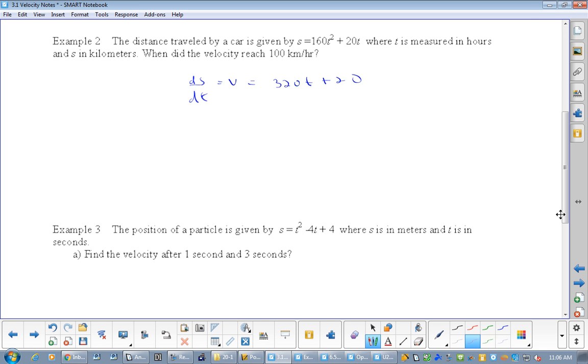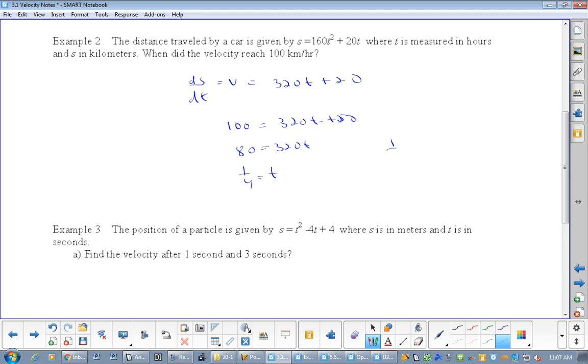Now this one says, what was the time, right? When did the velocity come to 100? So I'm going to go 100 equals 320t plus 20. We want to subtract 20 from both sides. We'll get 80 equals 320t. We'll divide that out. We'll get 1/4 equals t.